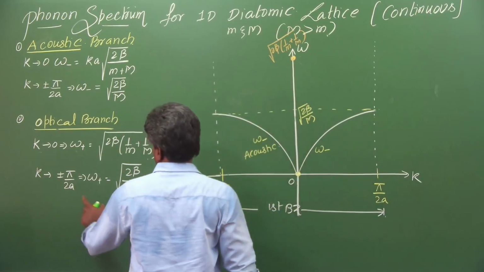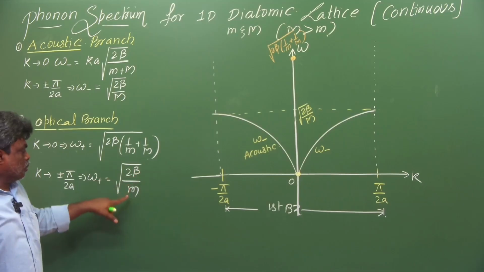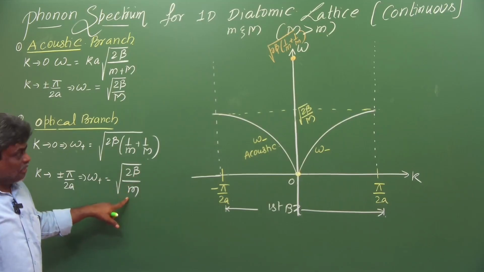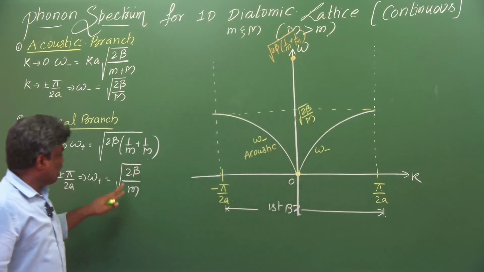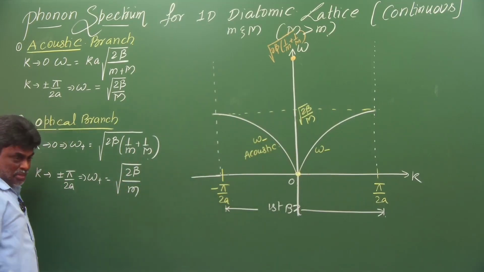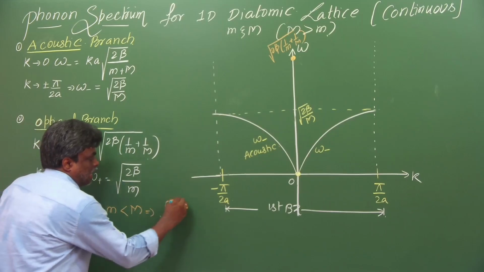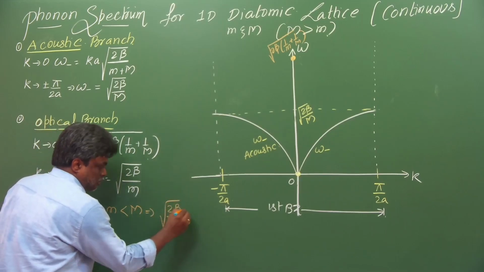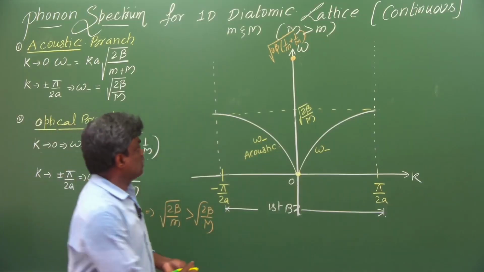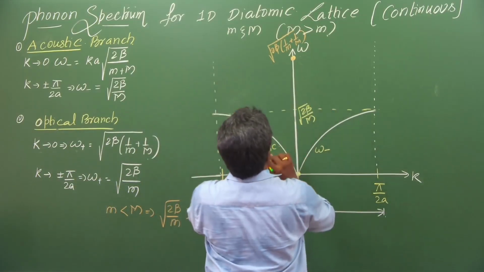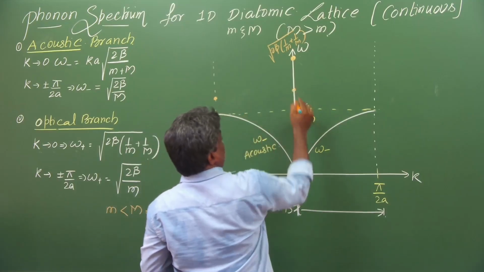That's good. Next come to this. At zone boundaries, under root 2 beta by small m. Now we got it out. Is under root 2 beta by capital M large or under root 2 beta by small m large? Small m is less than capital M. That's why under root 2 beta by small m is greater. So for the optical branch, at the zone boundaries, you are getting a value which is slightly above this.